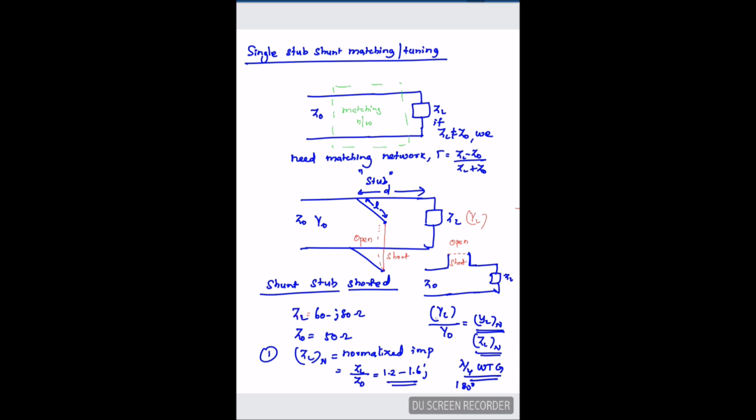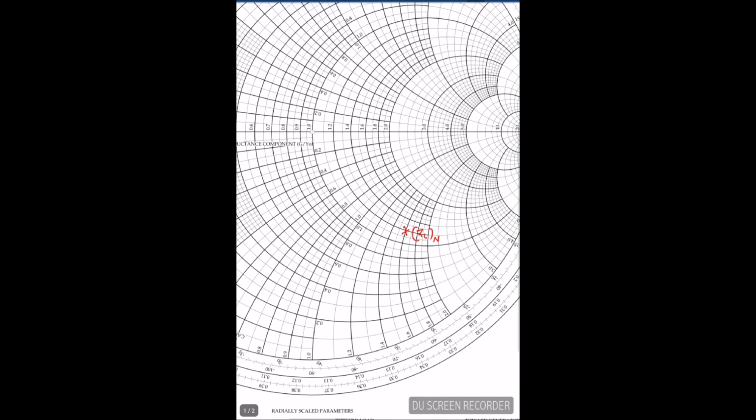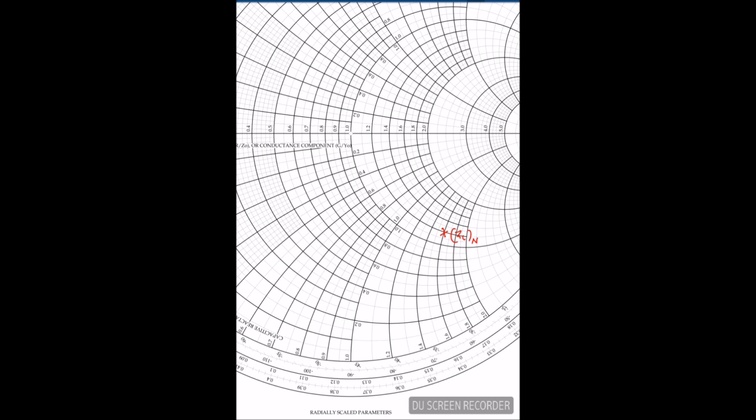So instead of converting from ZL to YL numerically, in the Smith chart I can mark the admittance directly. If this is ZL, I will rotate this point 180 degrees towards the generator, and I will mark it there with the same radius. That point is nothing but YL normalized.